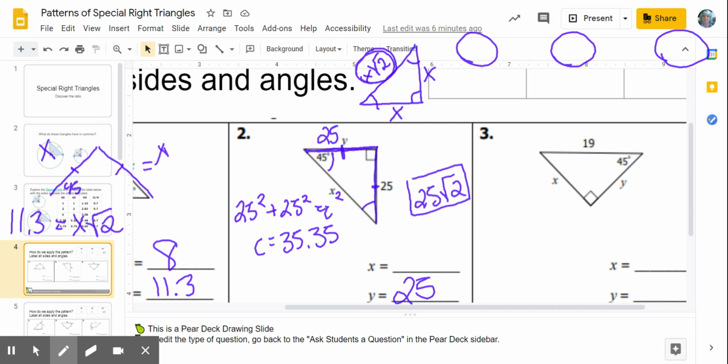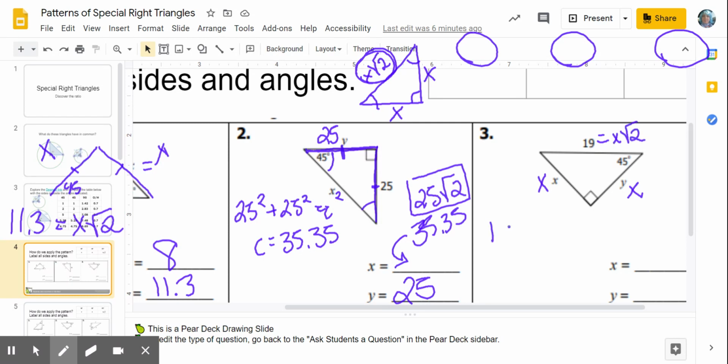Yep. Which one's easier? If you know the hypotenuse, you could do that. Here, there's an easier way though. I know my legs are going to be the same, and I know that this is going to be x times the square root of 2.